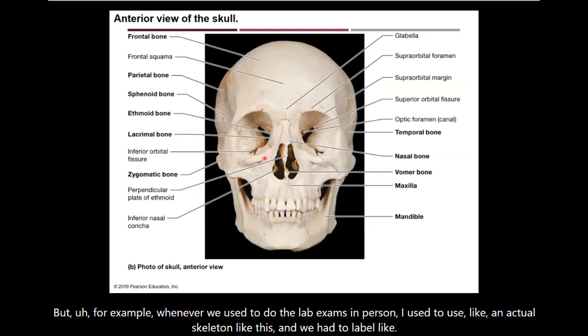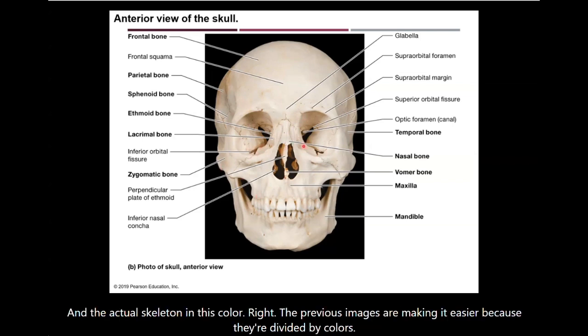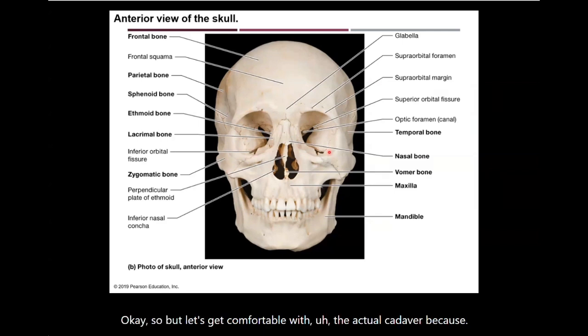For example, whenever we used to do the lab exams in person, I used to use an actual skeleton like this, and we had to label the actual skeleton in this color. The previous images are making it easier because they're divided by colors, okay? But let's get comfortable with the actual cadaver, because in our fields, this is how it actually looks.